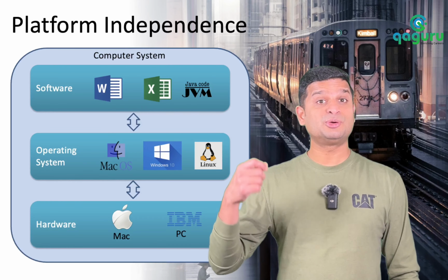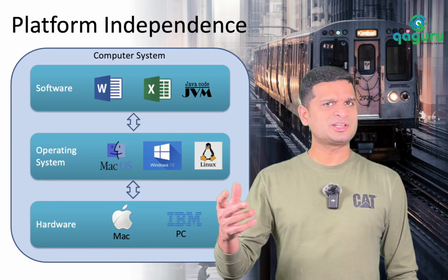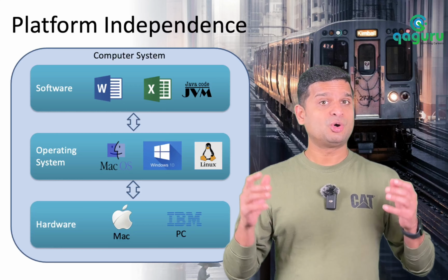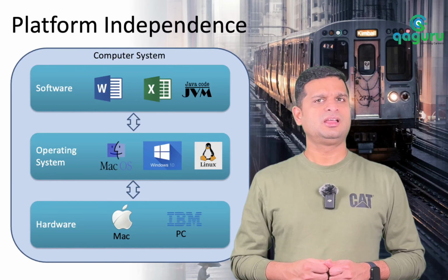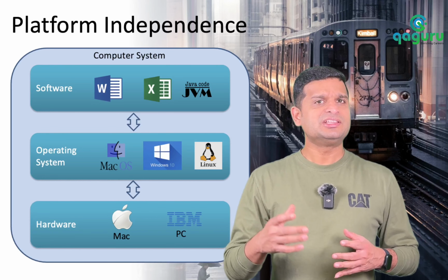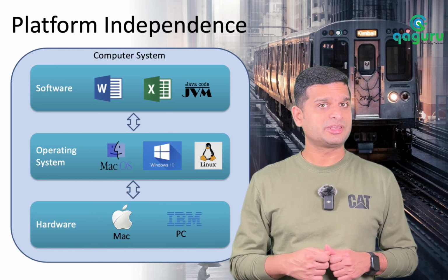Java is a platform independent language. What does that mean? The compiled code generated for Java can be executed on any OS. How is that even possible? The expected machine code format is different for different operating systems, right?